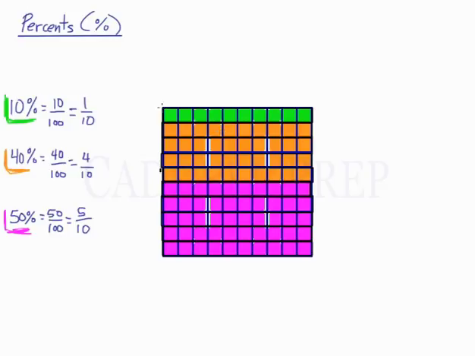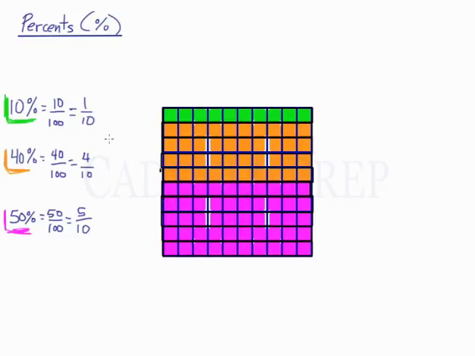So this rectangle represents 1/10. And for 40%, which is equal to 4/10, we have these 4 rectangles outlined in black. And for 50%, which is 5/10, we have these 5 skinny rectangles shaded in pink.